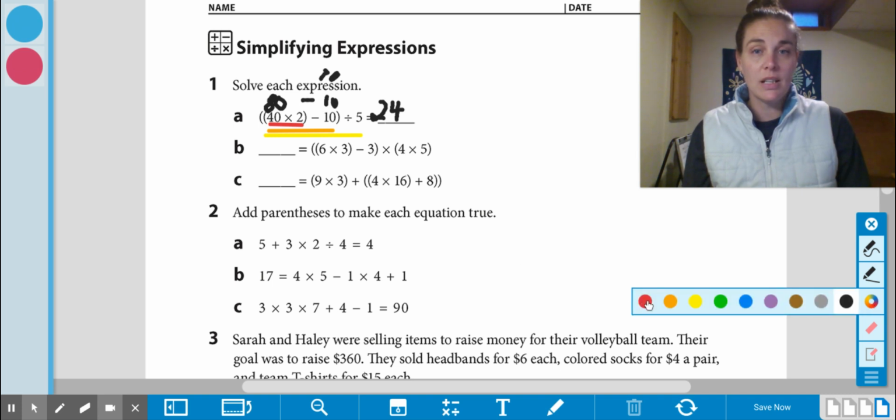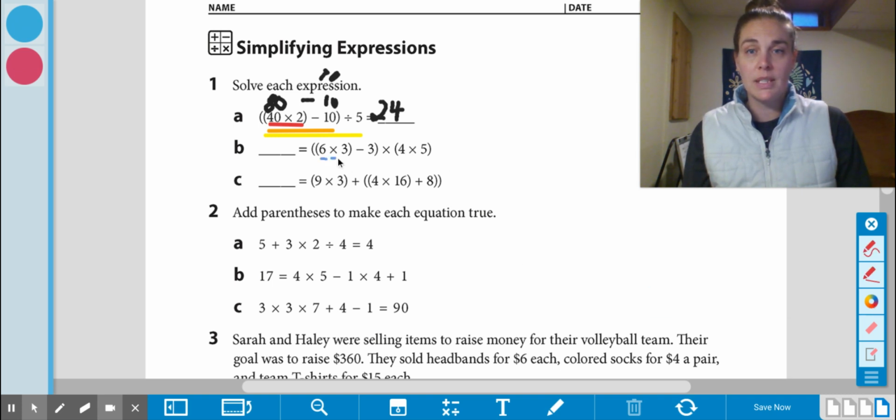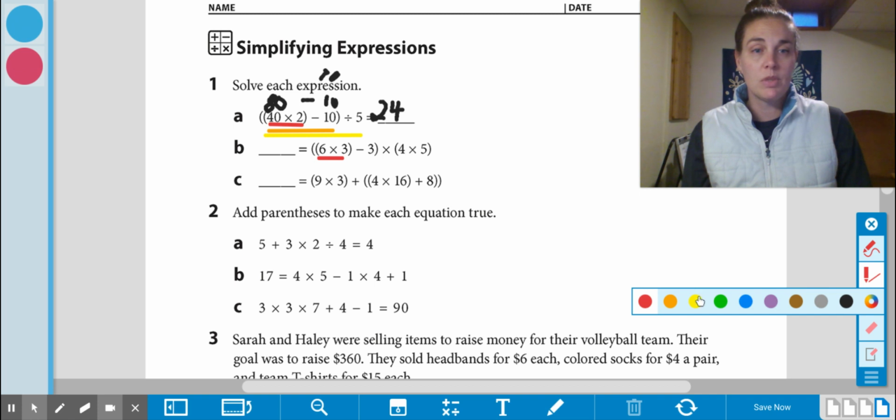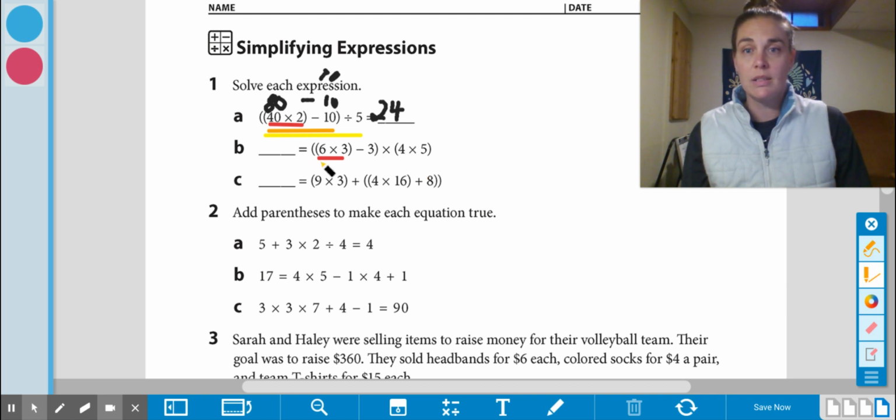When Mrs. Ellison solved it, she noticed that this parenthesis is first. So I'm going to go ahead and solve what is 6 times 3. Well, I know that 6 times 3 is 18. If I subtract off then 3, that's 15. So my total answer here was 15. And then over here, I have to do this first, right? That's the only thing that's in my parenthesis.